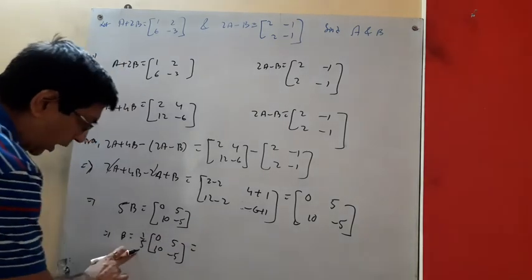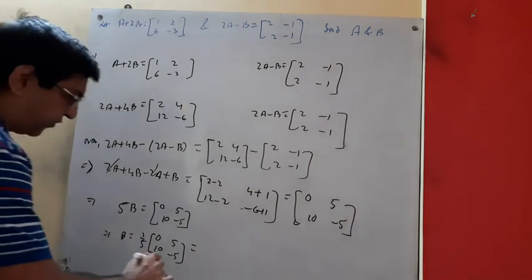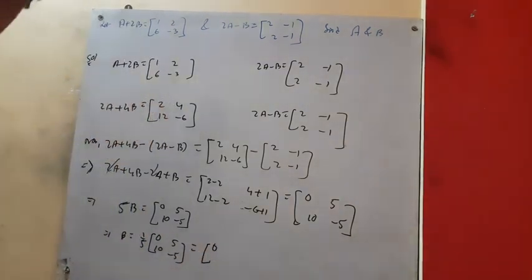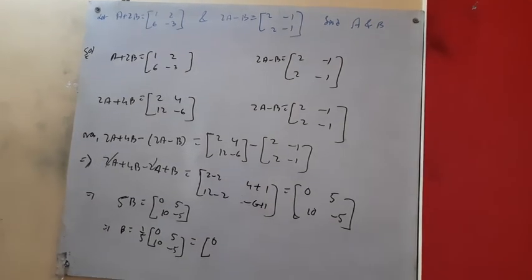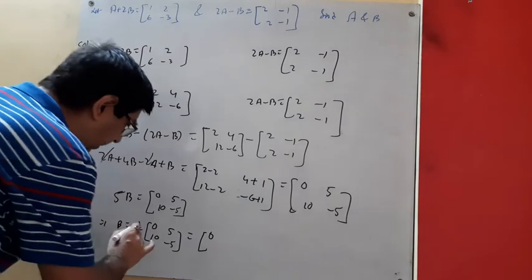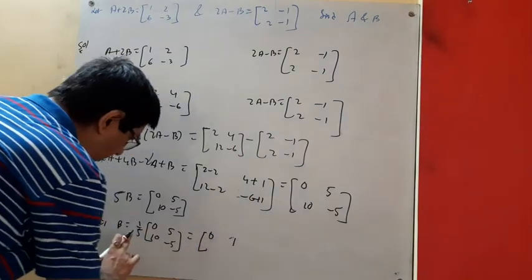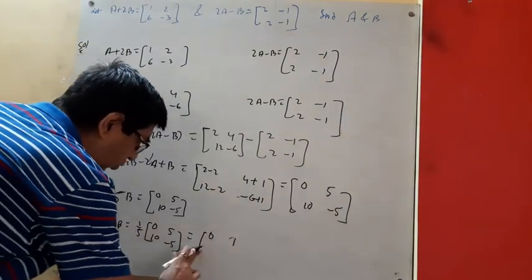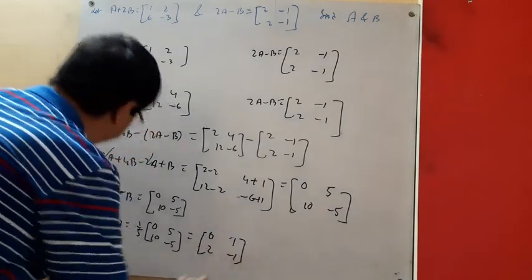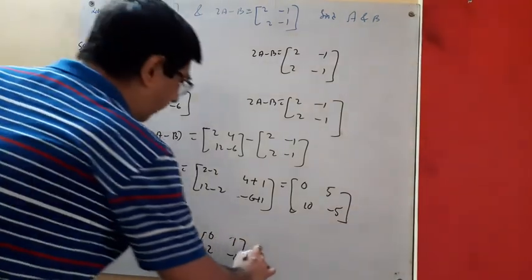Now we multiply the whole term by 1 by 5. So 1 by 5 into 0, that is 0. Now you can see, 1 by 5 into 5, this is 1, 1 by 5 into 10, this is 2, right? And 1 by 5 into minus 5, this is minus 1. Okay, this is the value of B.